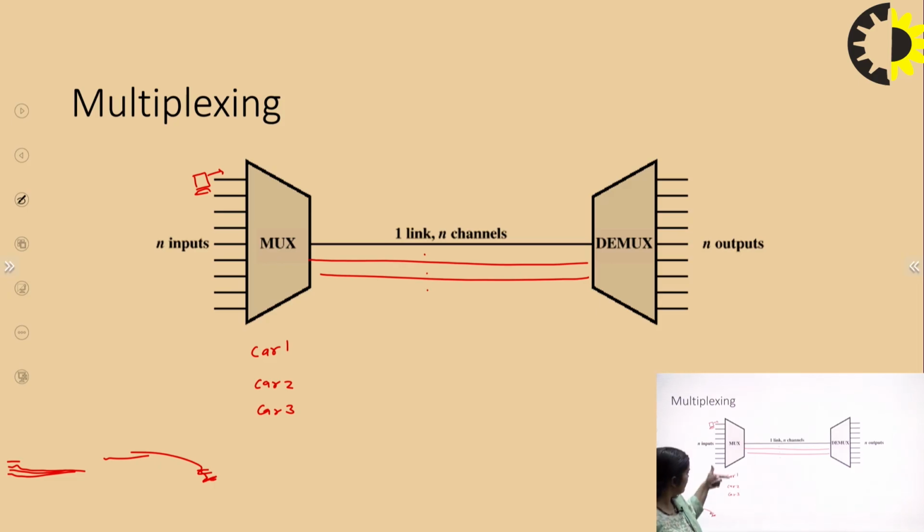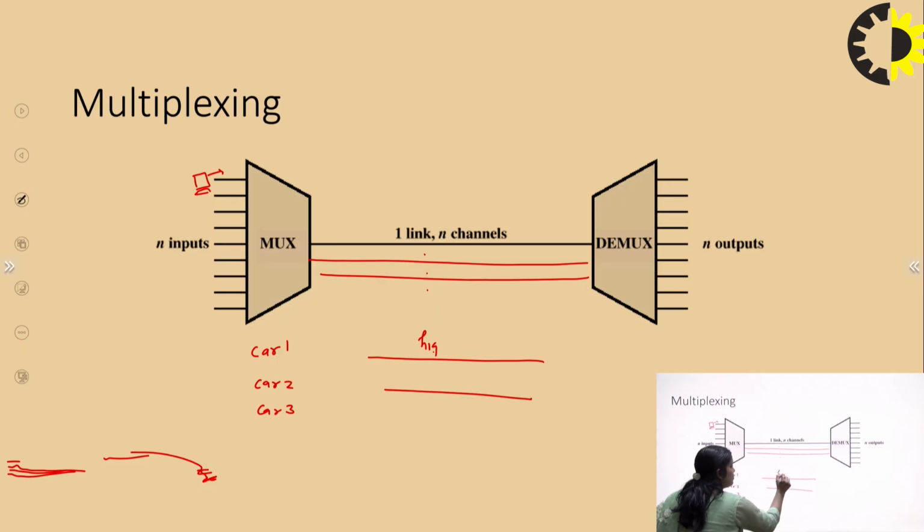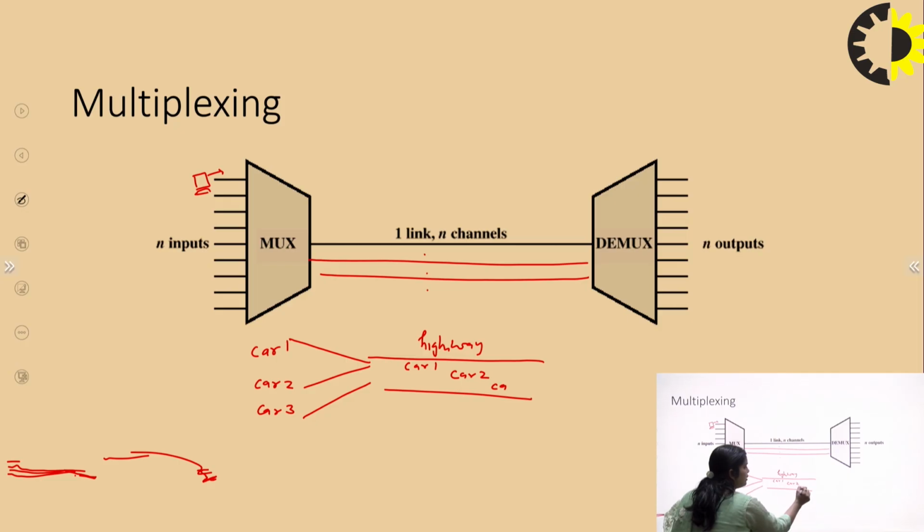Car 1 and car 2 go onto the highway, each coming from a different lane, and car 3 also comes from a different lane. But on the highway, car 1, car 2 and car 3 don't collide. They use their separate ways, even though the highway has a single road. The same concept is followed in the multiplexing technique.